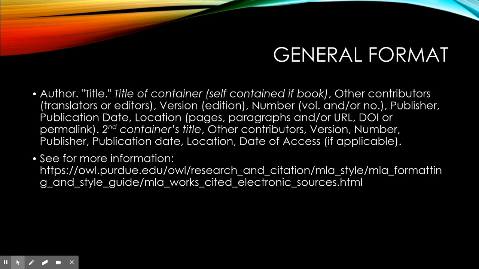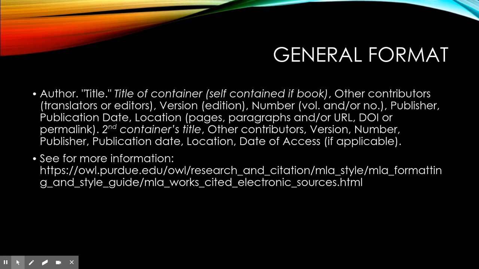Now, most of your citations are not going to have all of those pieces. This is like when you're assembling the bookshelf from Walmart and they give you 14 extra screws sometimes, and you're going, do I have all of these? You're not going to use all of these. This is your Walmart bookshelf, but you're going to use the ones that apply. Sometimes your piece doesn't have an author, so you start right there with the title.